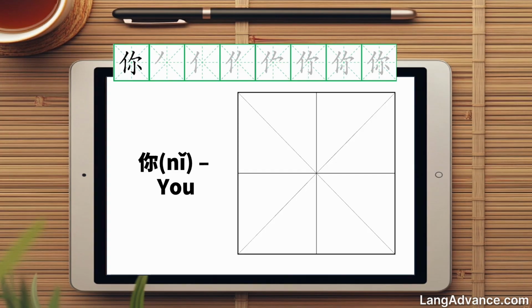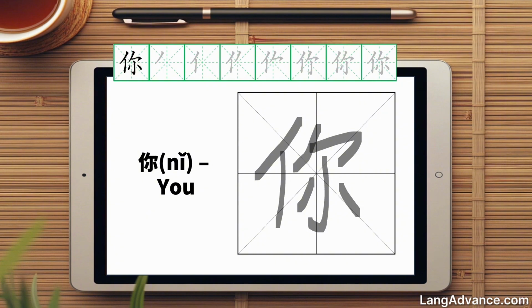Cool. Now let's build on and write the word 你. So we have the 单人旁 on the left and we have the 儿 on the right. Now, 单人旁 takes 1/3 of the box and the 儿 more or less 2/3 of the box. Cool.